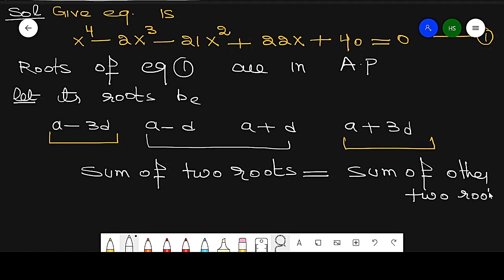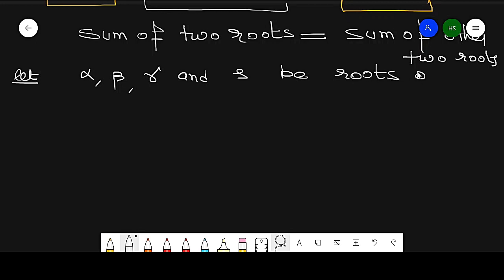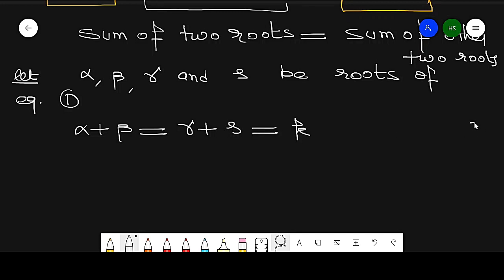So if we have four roots of this kind, let alpha, beta, gamma and delta be roots of equation 1, then the sum of two roots alpha plus beta is equal to gamma plus delta, suppose it is equal to k.